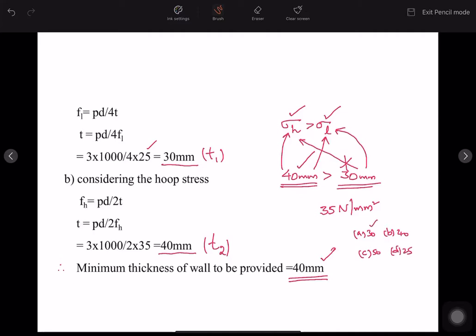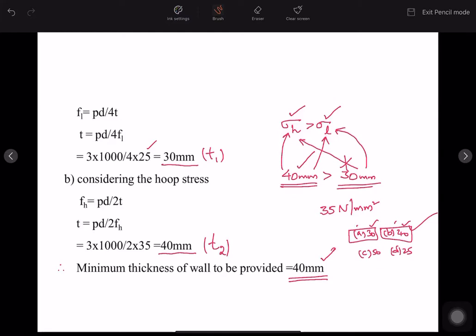As we got these two values, in a hurry we'll select the option that is the minimum between 30 and 40. But ultimately A will be wrong and B is correct.